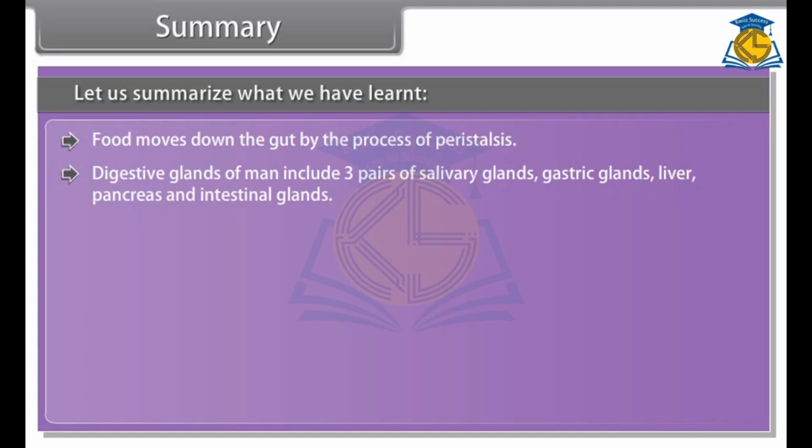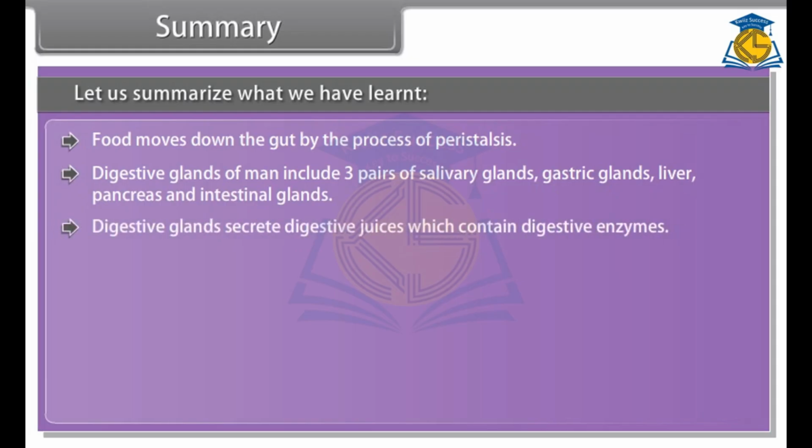Digestive glands of man include 3 pairs of salivary glands, gastric glands, liver, pancreas, and intestinal glands. Digestive glands secrete digestive juices which contain digestive enzymes.